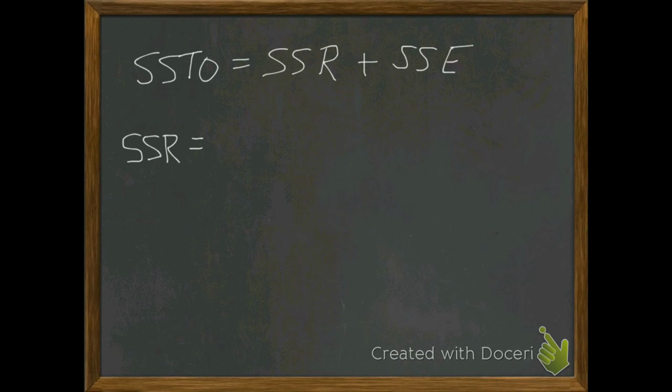And it turns out that this can actually be shown to be beta transpose x transpose y minus 1 over n y transpose j y.